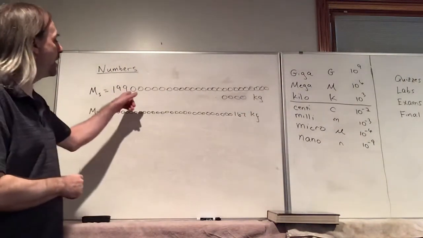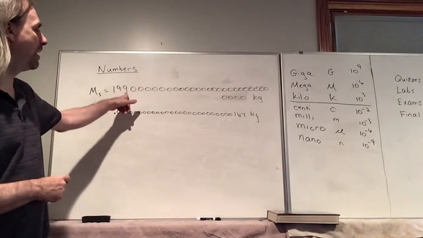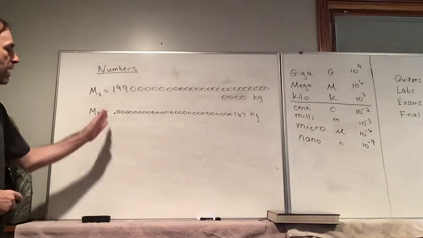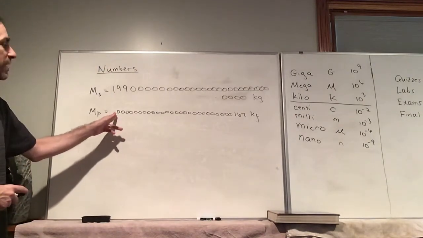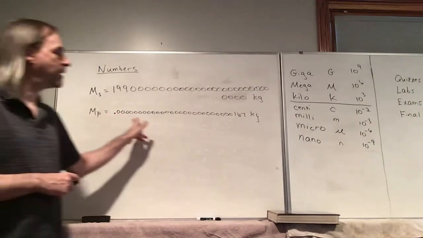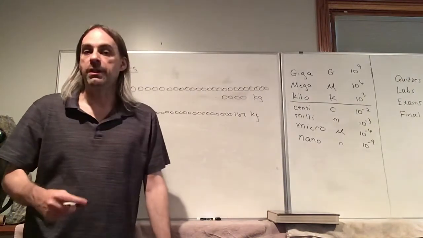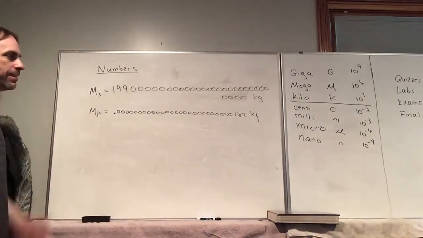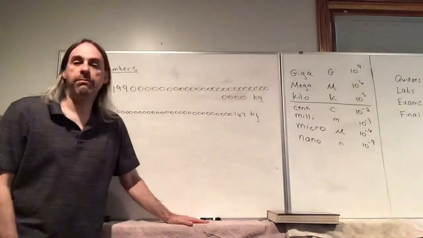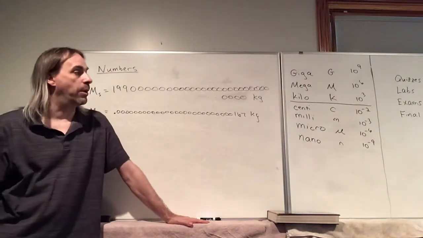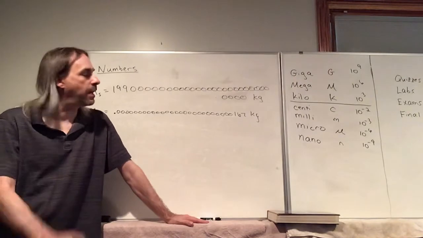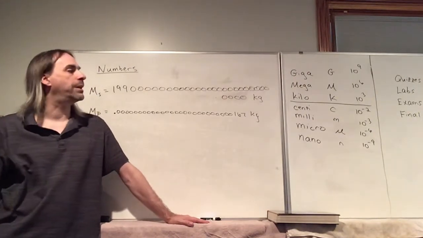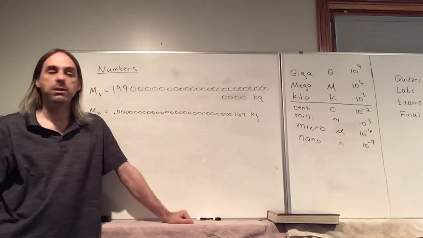By the way, the sun's mass is 199 with 28 zeros after it. For the proton, we have 0, decimal point, and then 26 zeros, and then 167. Again, these are realistic numbers that we deal with in physics, so we have to have some way of reading, writing, and doing calculations with things like this.